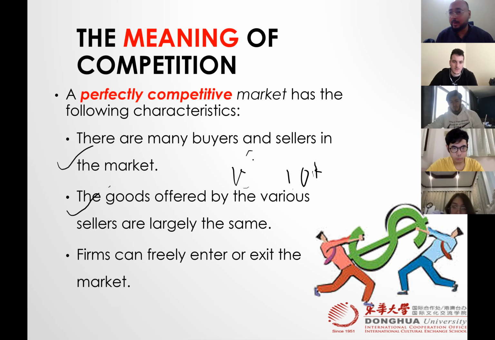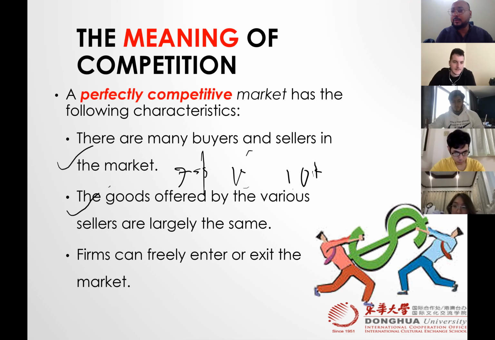Similarly, if I am the seller and I want to sell goods worth $15 at $20, the buyer will say that I don't want to buy from you, I'll just go to the next shop, I can buy at $15, right? So it means sellers and buyers don't control the market.